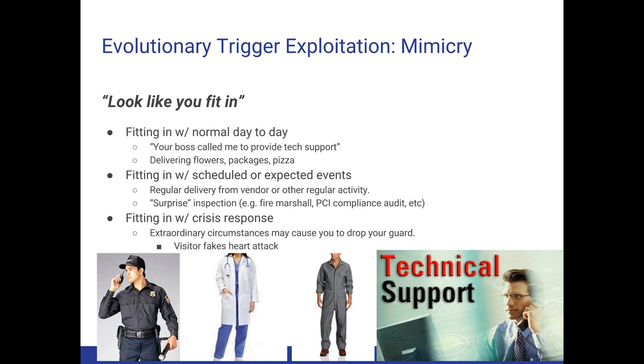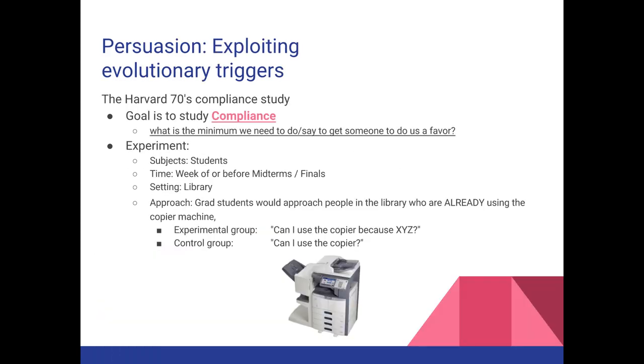So moving on, it's really worthwhile talking about this Harvard 70s compliance study. It's a famous psychology study that happened in the 70s, and its goal was simply to study compliance and pretty much what parameters you can hack to increase your chance of compliance in the general case.